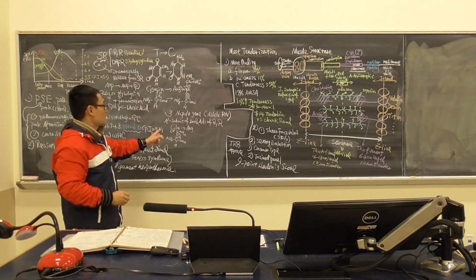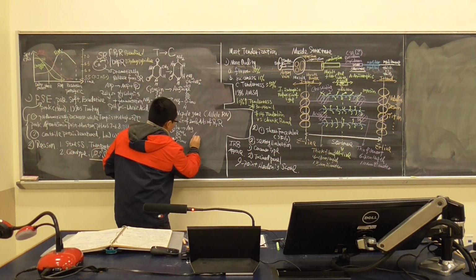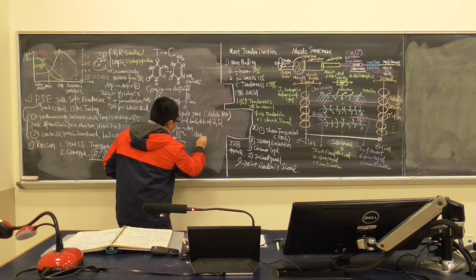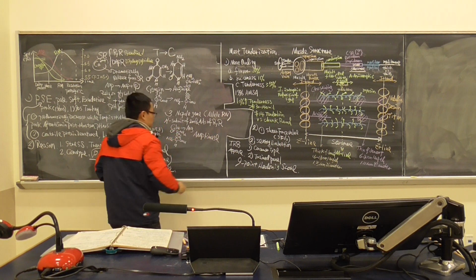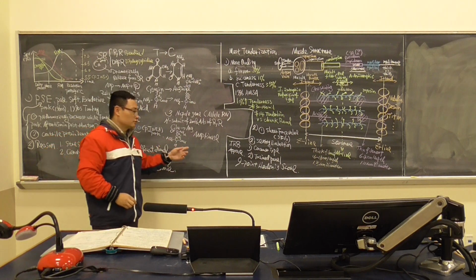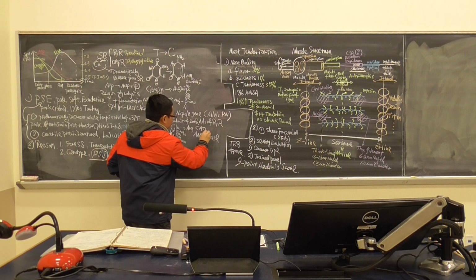Glutamine becomes arginine. So what happens is, there is a product called AMP kinase, adenosine monophosphate kinase, related to ATP.